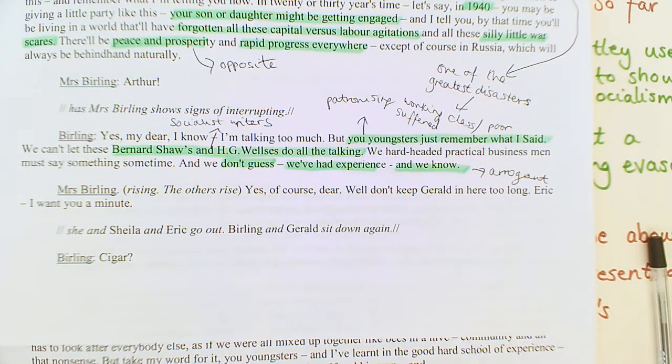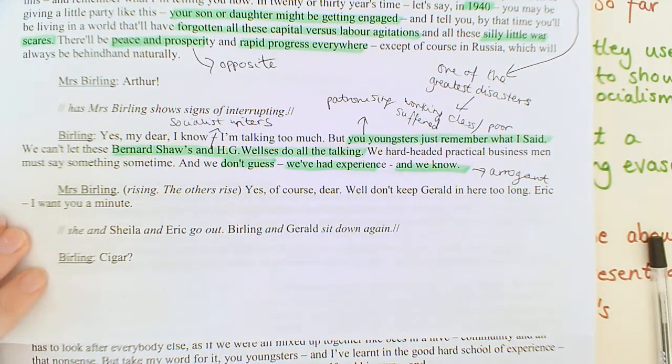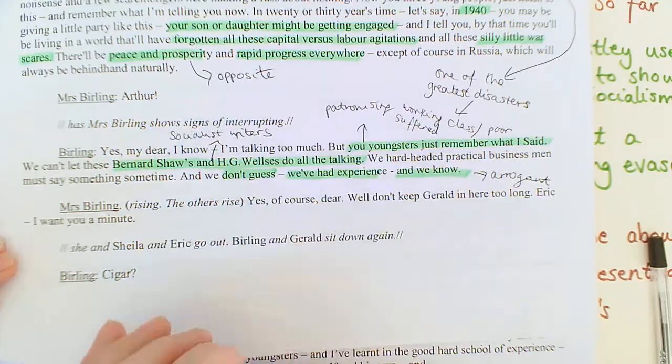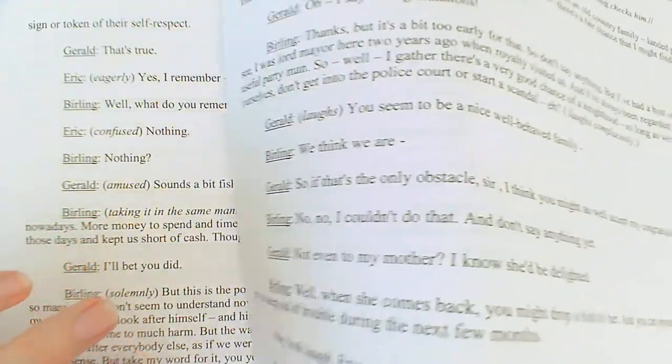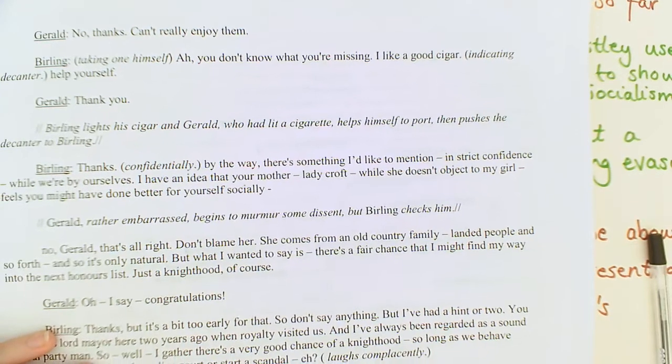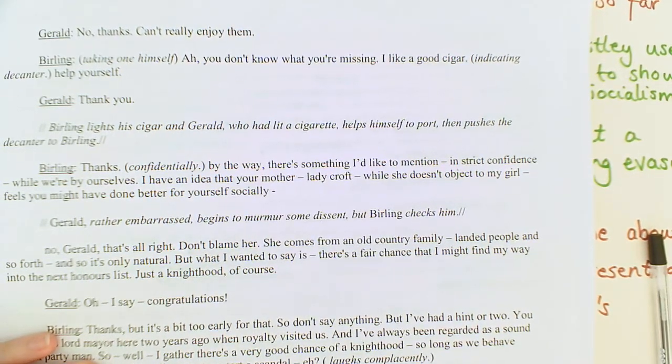So she says, "Yes, of course, dear. Well, don't keep Gerald in here too long. Eric, I want you a minute." So Mrs. Birling, Sheila and Eric leave with just Gerald and Mr. Birling on stage. Now, Birling offers Gerald a cigar. And then Gerald says, "No thanks, can't really enjoy them."